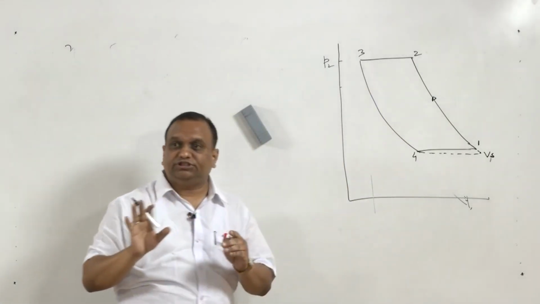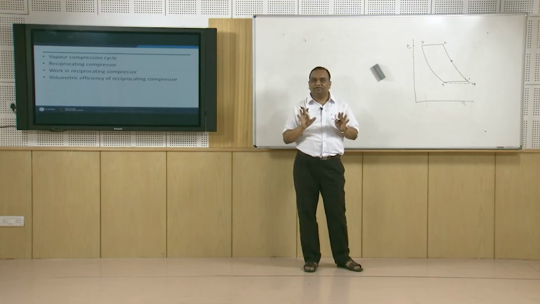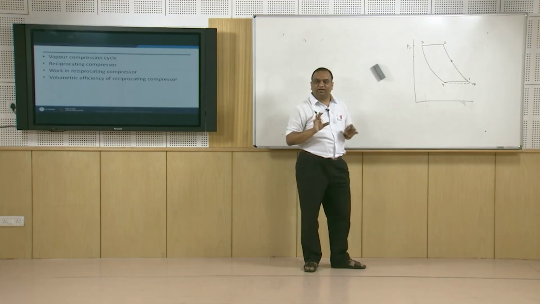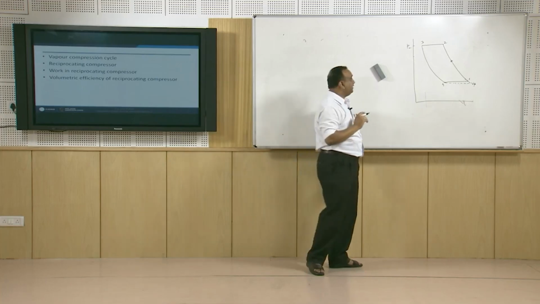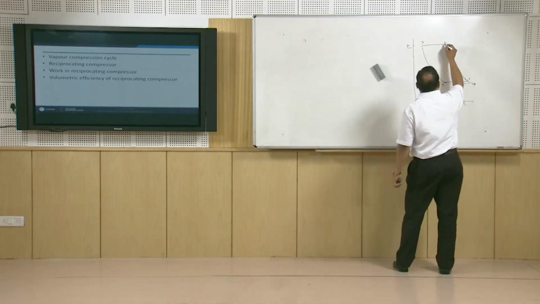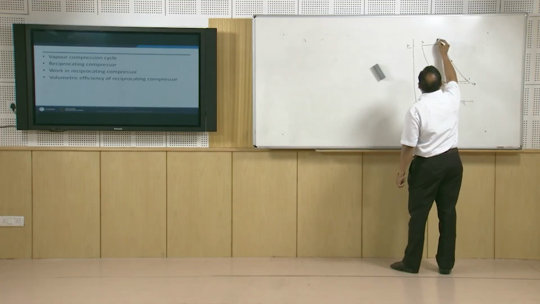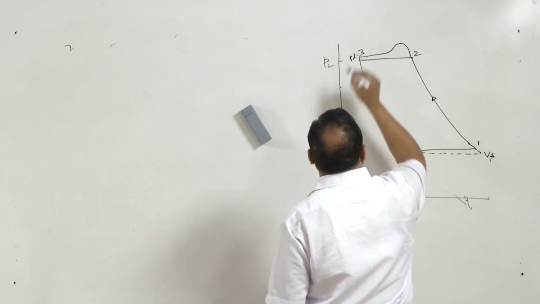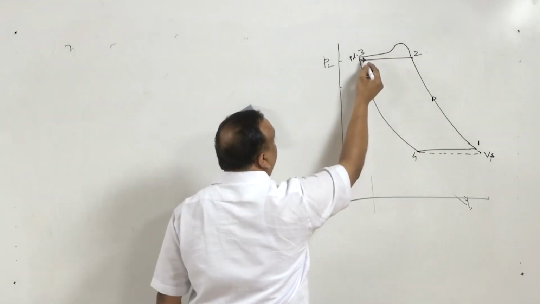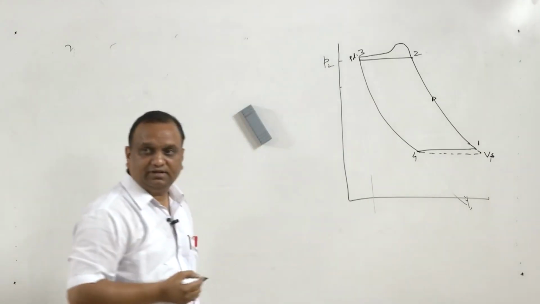The compressor has to push vapor out of the cylinder. Since vapor has to be pushed out of the cylinder, the pressure inside the cylinder should be more than the pressure in the pipeline. So the pressure curve will be something like this, and this is PD. So pressure will be slightly higher at the discharge.